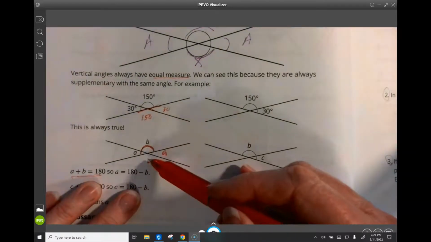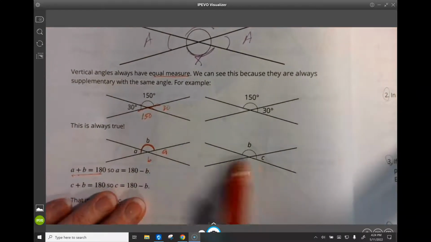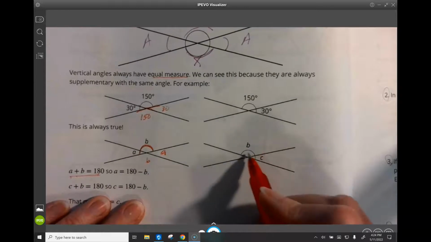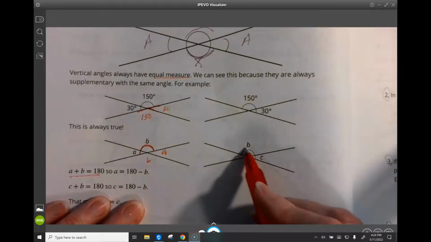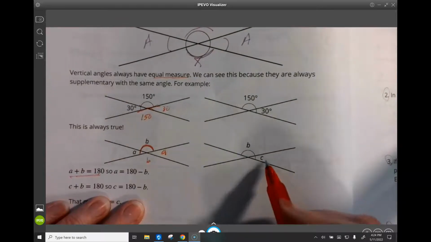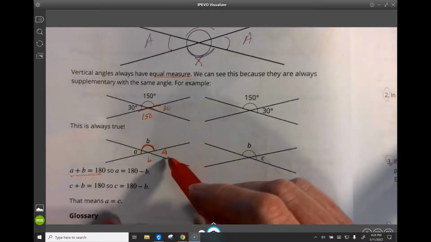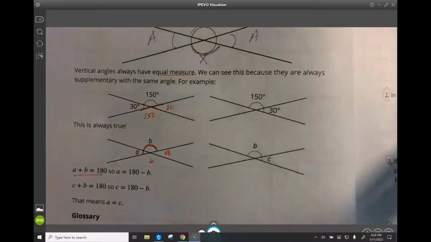They say, well, B's are equal and A's are equal, and they add up to 180. Well, then it comes over here, and they're using the same B. Here's B and C. Those are also supplementary. Well, if those are supplementary and B's are the same, then this one, C, has to be equal to A. So it's called the transitive property. We don't get to actually talk about it, but they are.